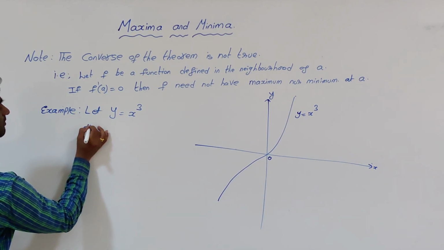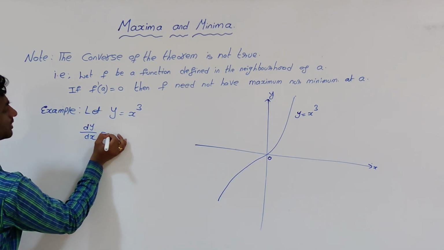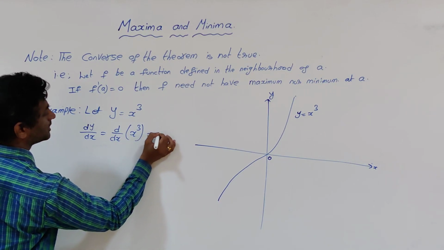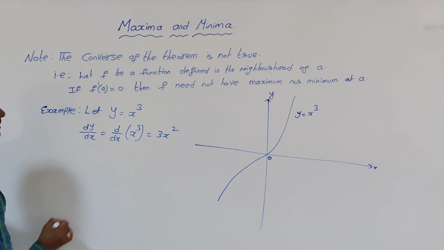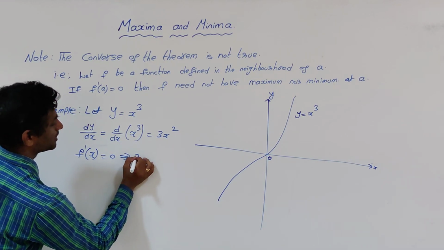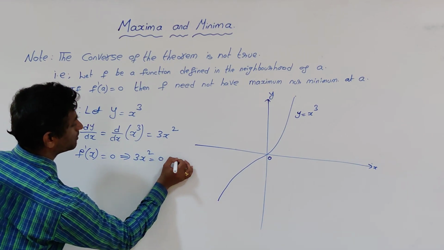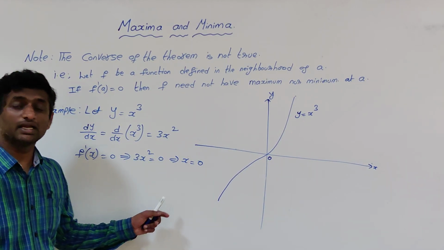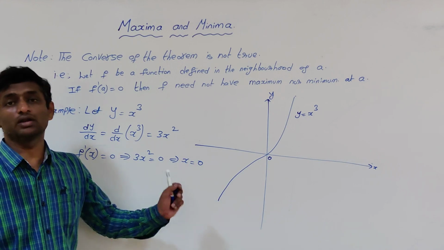Now dy by dx is d by dx of x cube, which is 3x square. So f dash of x is 0 implies 3x square is 0, which implies x is equal to 0.